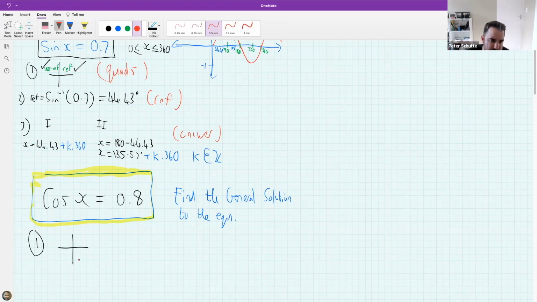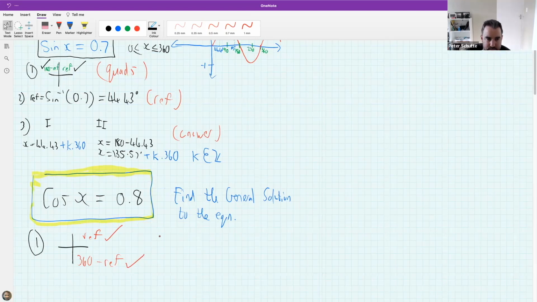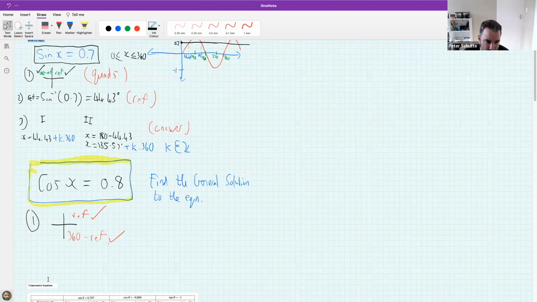Where would cos be positive? It would be positive in quadrant 1 and quadrant 4, so 360 minus the reference angle, so it must be in those two quadrants. Now, what is my step 2?